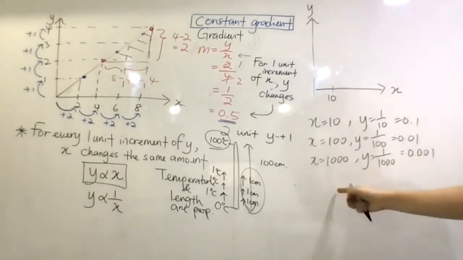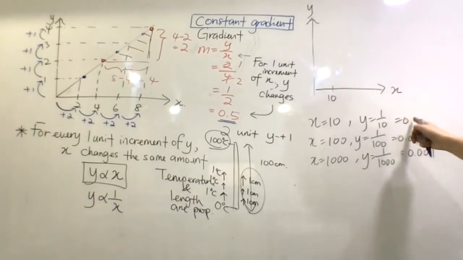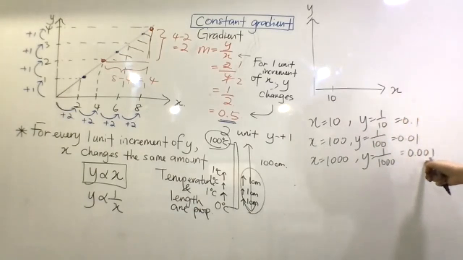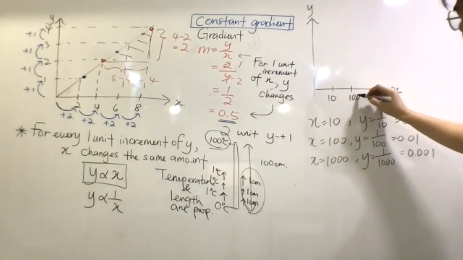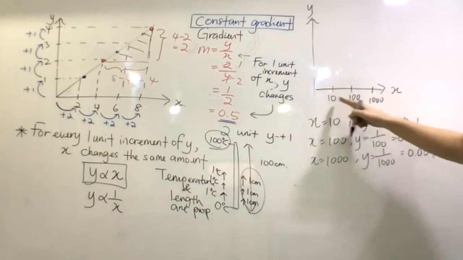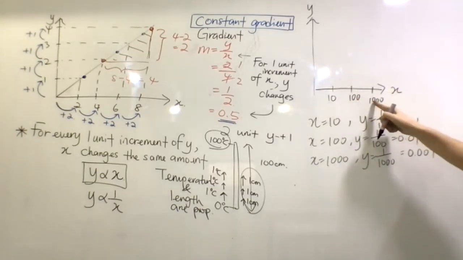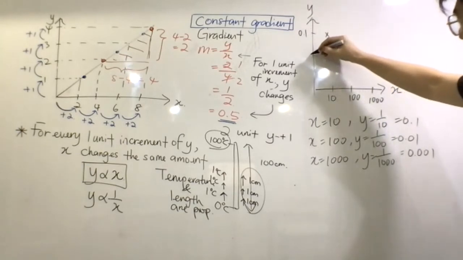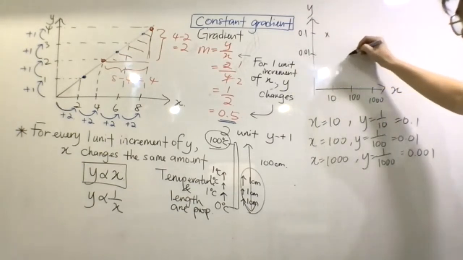When the x increases, the y, what happened? 0.1, 0.01, 0.001. Decreasing. So when I increase the x, 10, 100, 1000, what I get here? 0.1. Here, 0.01.